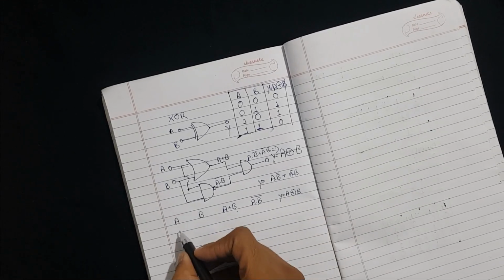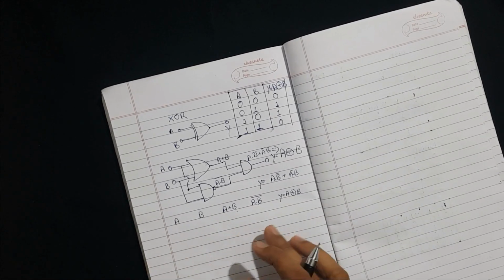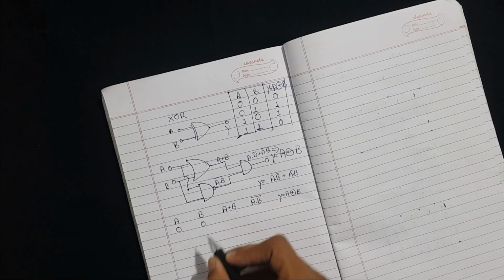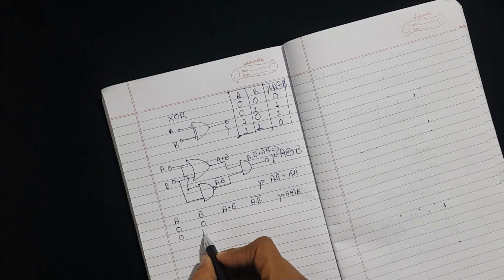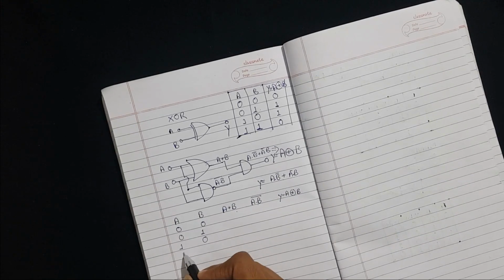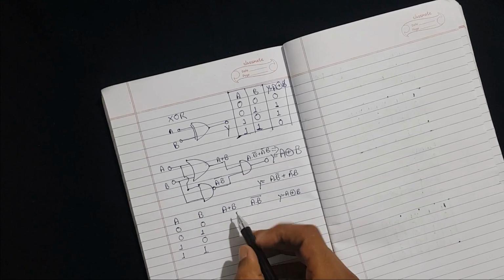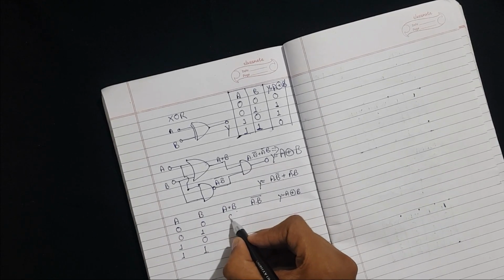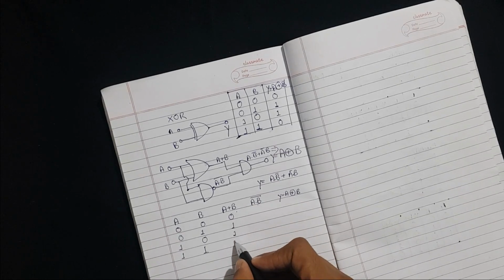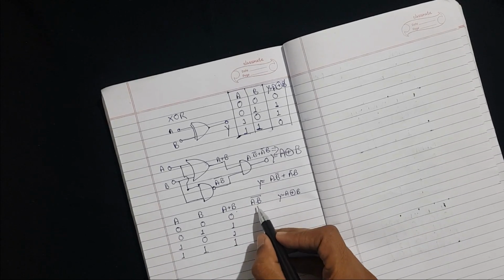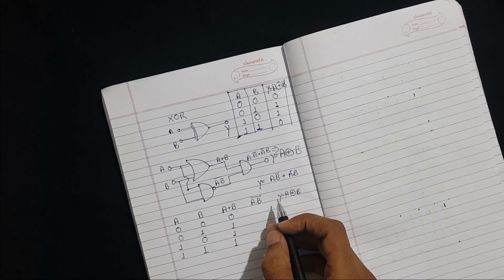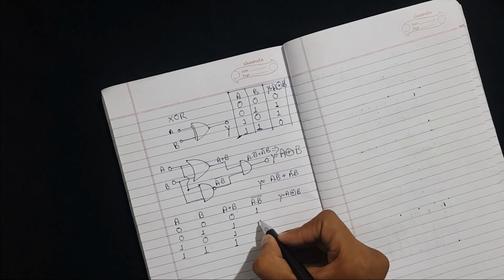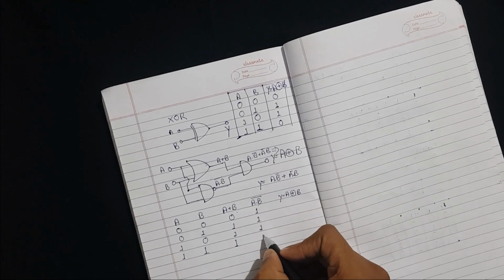Okay, now we're going to see how it works. We would have our inputs again. Now here it is OR of A and B, which is this. We have seen it already. Now we have NAND of A and B, which is this.